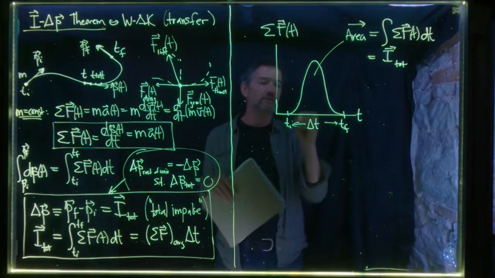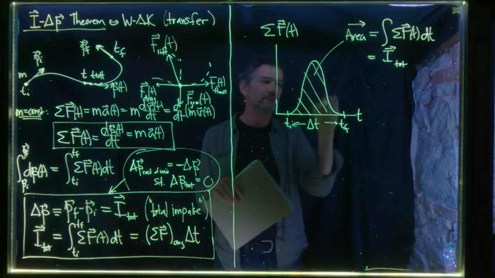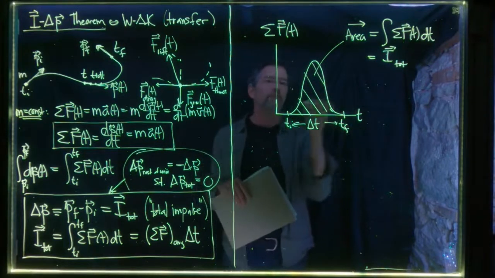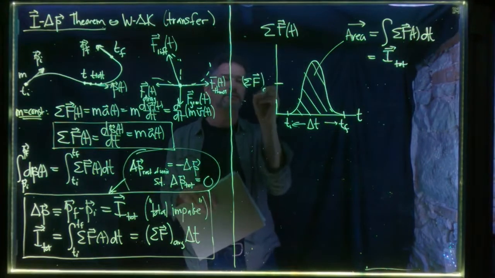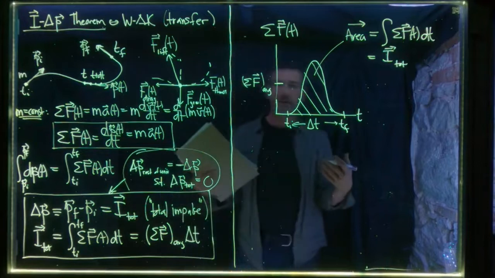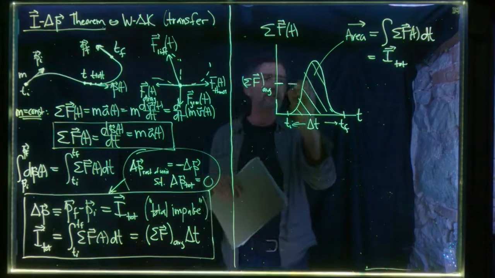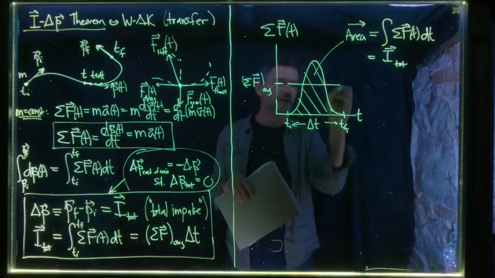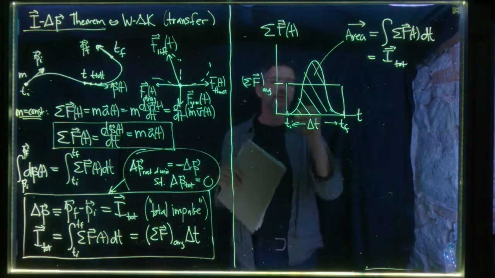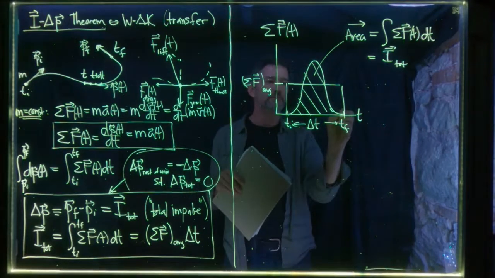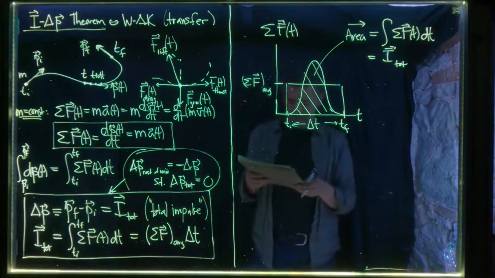So we need to think about the area under this curve, which has some value. We want to find an equivalent sum of forces average, a constant vector, such that acting over the same amount of time from t initial to t final it produces the same change in momentum. In other words, the area under this rectangle needs to be the same as the area under this more complicated curve. Okay, so that's the idea.